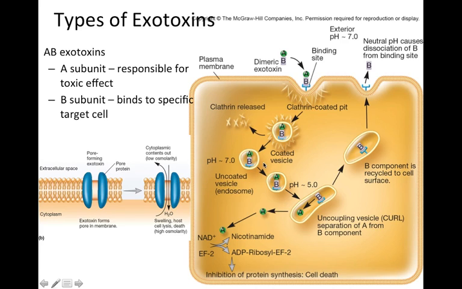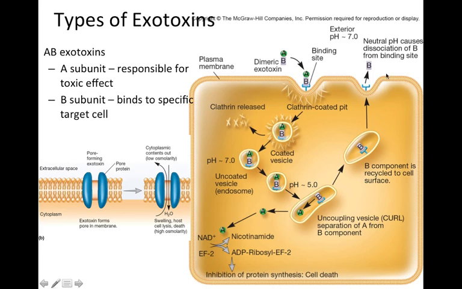The example that I told you guys about is the cholera toxin. It's not here, but it's in a chart, and it shows that once it gets into the cell, the A part in cholera toxin actually causes the secretion of water.